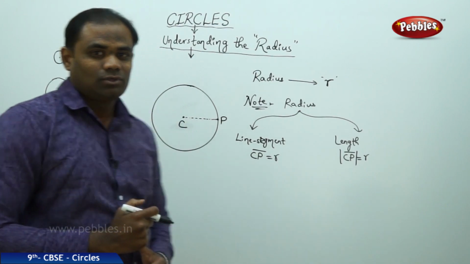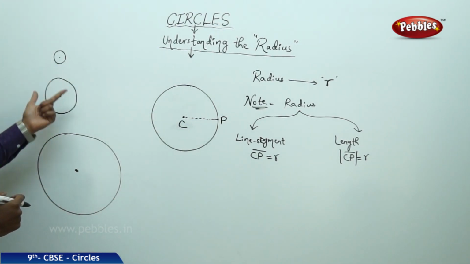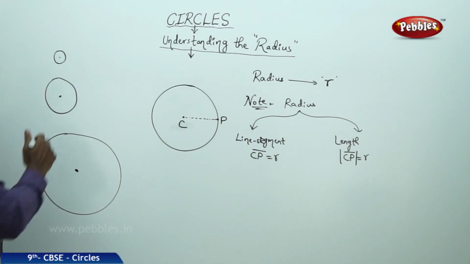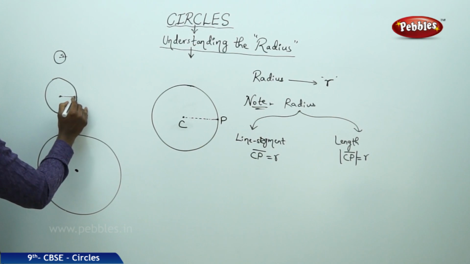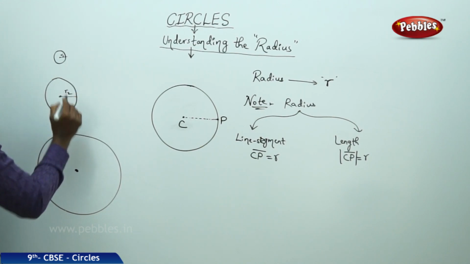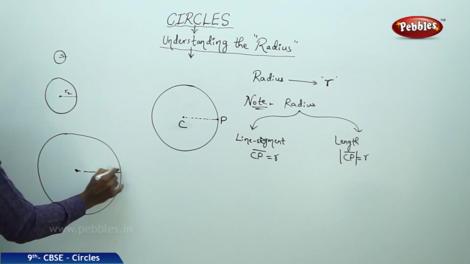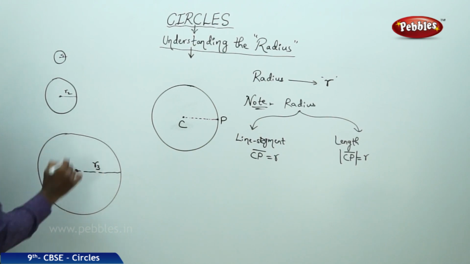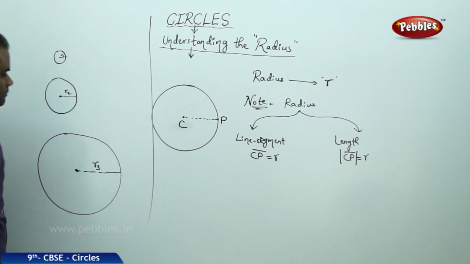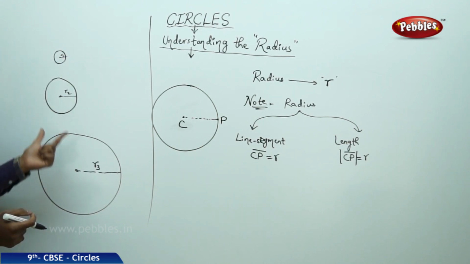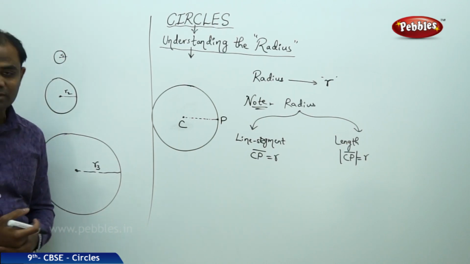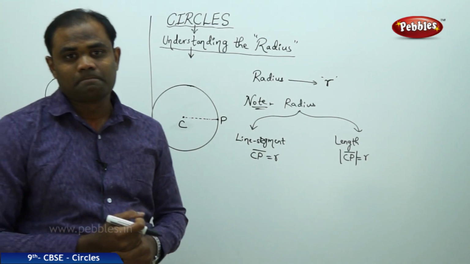How different? What is the relation between the radius of this and this and this? So let me take the radius of the first circle as r1, the radius of the second circle as r2, and the radius of the third circle as r3. Then how do I connect r1, r2 and r3 is the biggest question here.